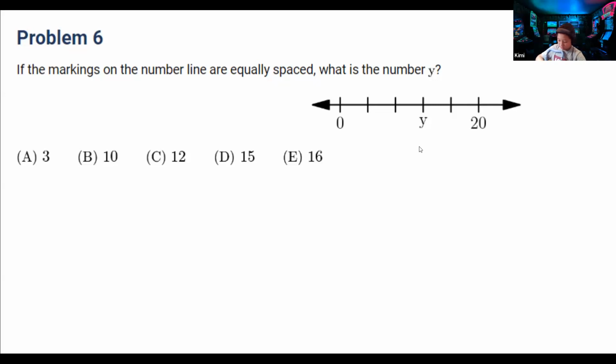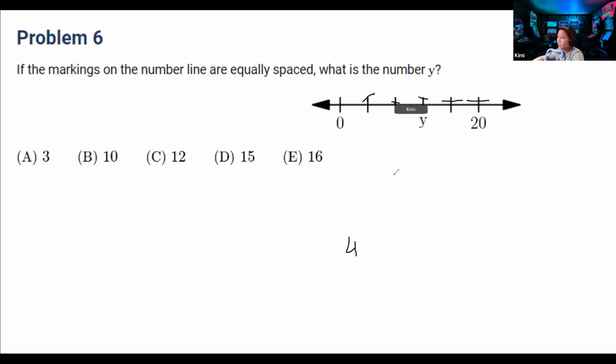Because every spacing is equal, that means 20 divided by how many spacings. Here's 1, 2, 3, 4, 5. There's 5 spacings, which means 20 divided by 5 equals 4, which means each of these spacings is 4.